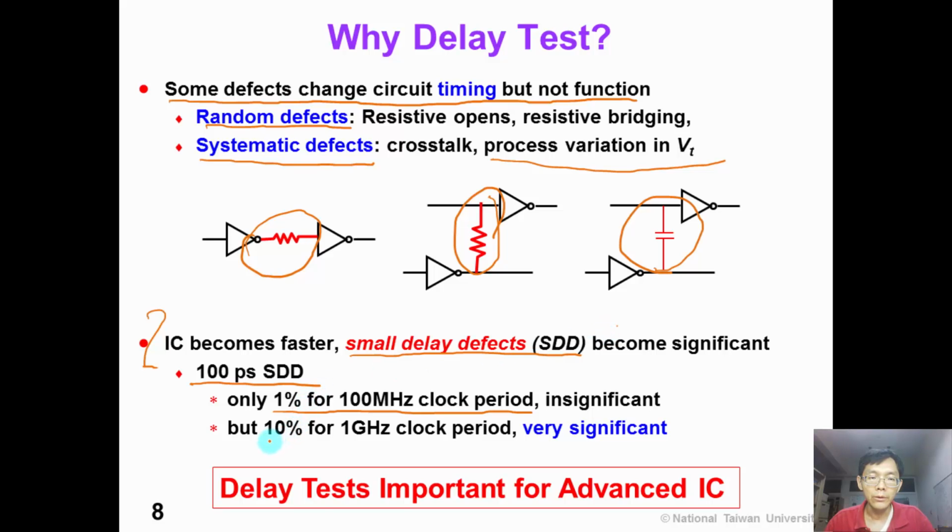However, for modern high-speed circuit where the clock frequency is 1 GHz, the same SDD is now 10% of the clock period. This can be a very significant defect. So we know that delay tests are getting more and more important for advanced IC designs.